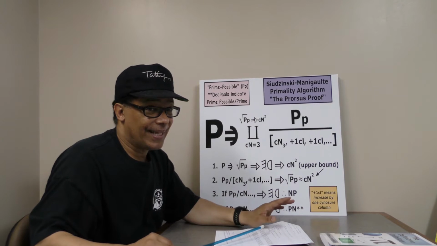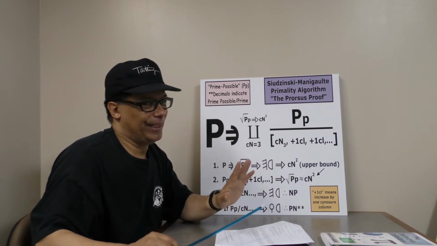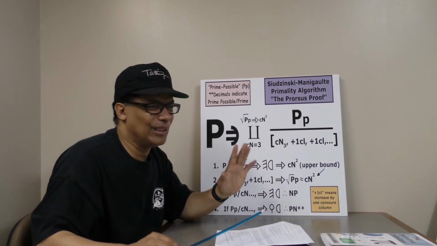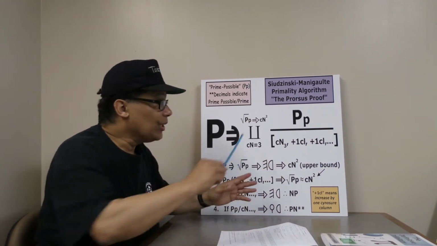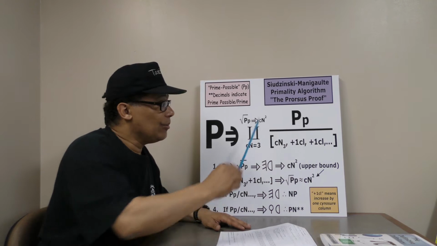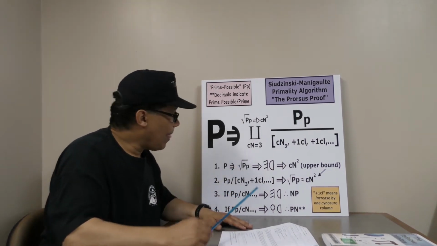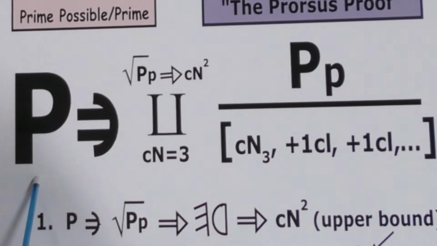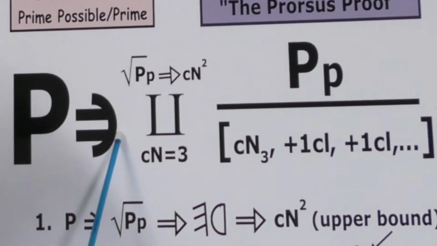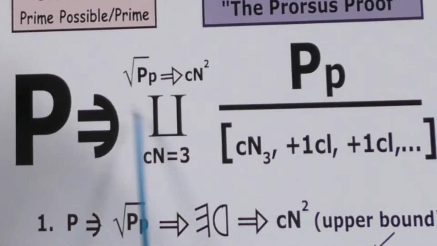The AKS test doesn't appear to be so deterministic as they claim it is. So how does this process proof work? Well, we start with the indication that we've got a prime number. We determine whether it's prime by this process right here.